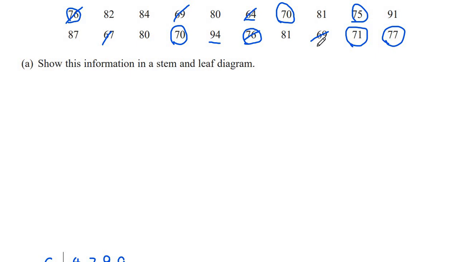Next, we need to go to the numbers in the 80s. Here we have quite a few numbers in the 80s. So we have to start off with 80, 81. Oh, we actually have two 80s, two 81s, 82, 84, and 87.